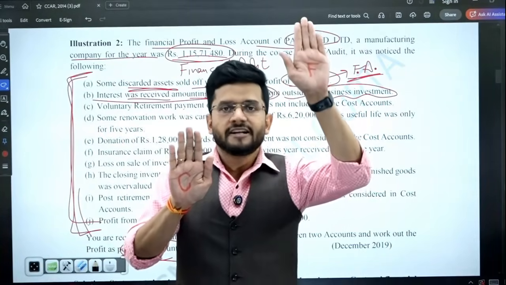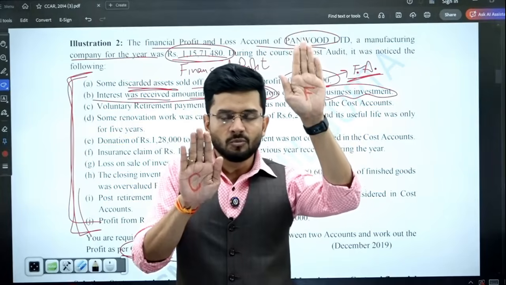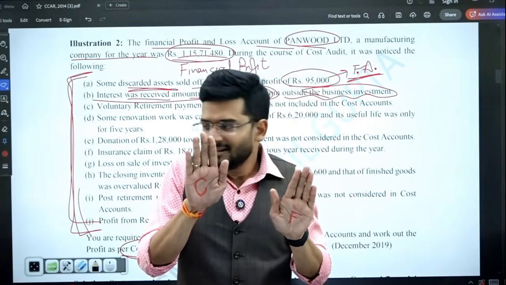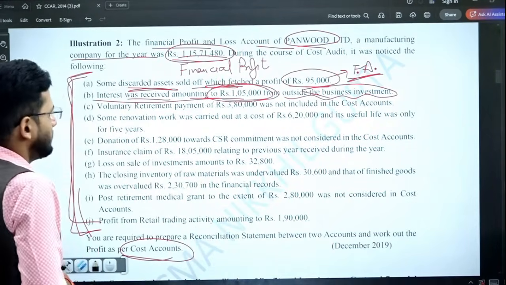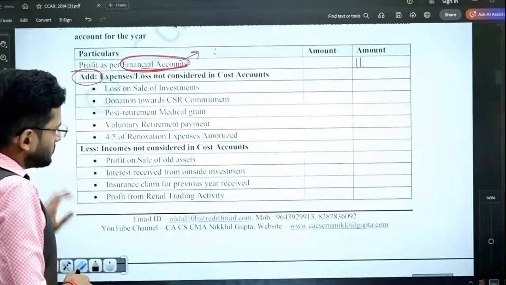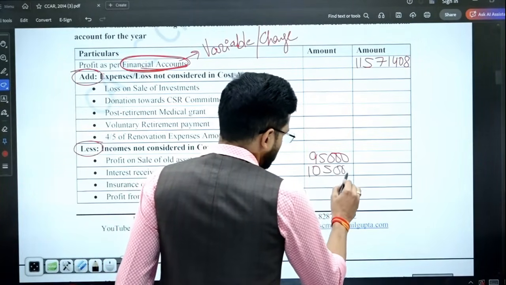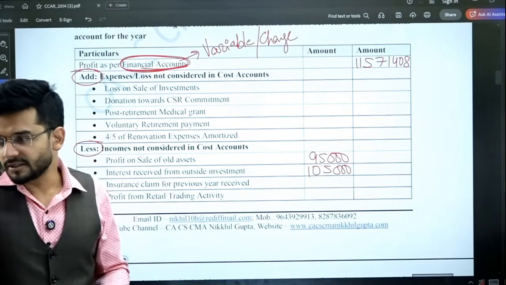So in this case also, financial profit is more, costing profit is less. Then you tell me, add or less? Less. Financial profit hand will move, less. 1,05,000 will be reduced. Interest received from other investment.